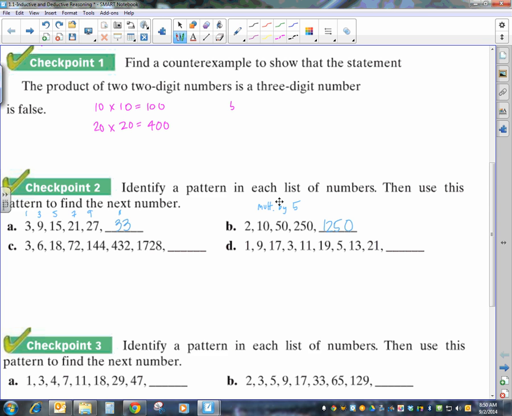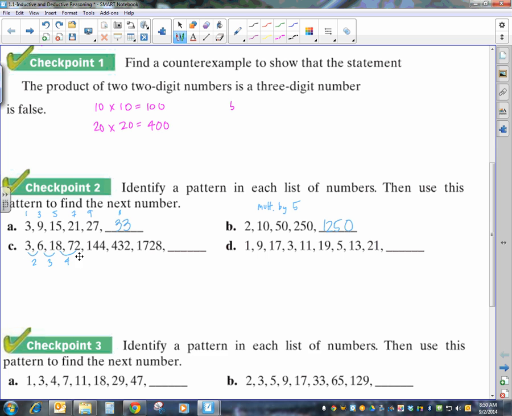All right, look at C. In C, we have 3, 6, 18, 72, 144, 432, 1728. Kind of odd. One of the things to start doing, as you heard when I did this: 3 times what is 6? 3 times 2. 6 times 3 is 18. 18 times 4 is 72.